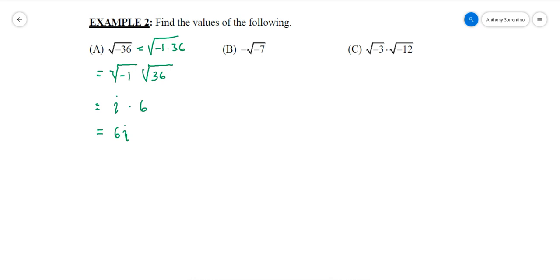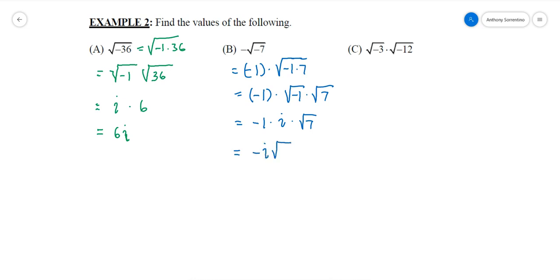So I have to look at this as negative 1 times the square root of negative 1 times 7, which I can express even further as negative 1 times the square root of negative 1 times the square root of 7, which is negative 1 times, again, the square root of negative 1 is i, times the square root of 7, which we would just end up writing as negative i times the square root of 7.